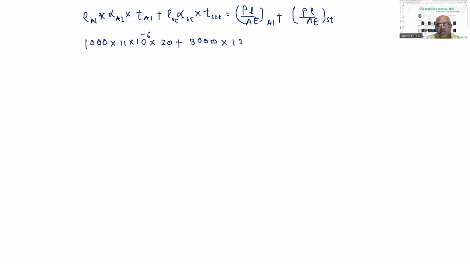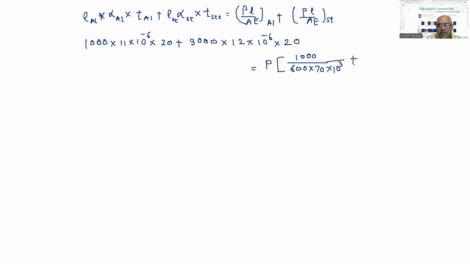Alpha for steel is 12 into 10 raised to minus 6. Temperature we have 20. And then this is equal to P, which is the same for both, so I will take it common. In the bracket we have L for aluminum 1000, area for aluminum 600, and E for aluminum 70 into 10 raised to 3.